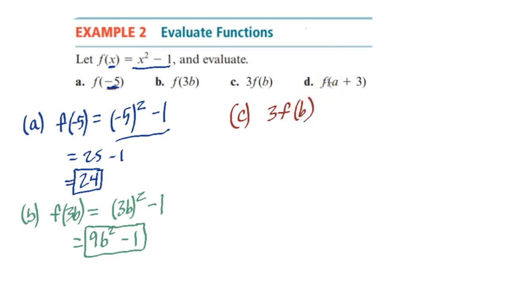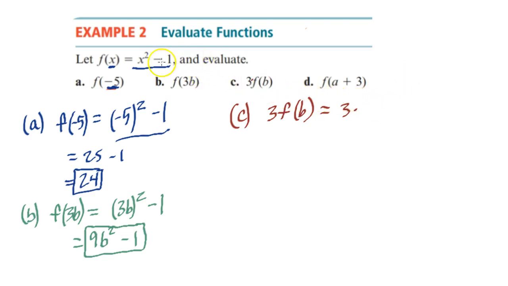This is a little bit different. Before we had 3 inside the parenthesis here, but now we have 3 outside. So what this is saying is we want to find f of b, and then at the very end, we want to multiply that by 3. So let's go ahead and find f of b and multiply that by 3 in the end.